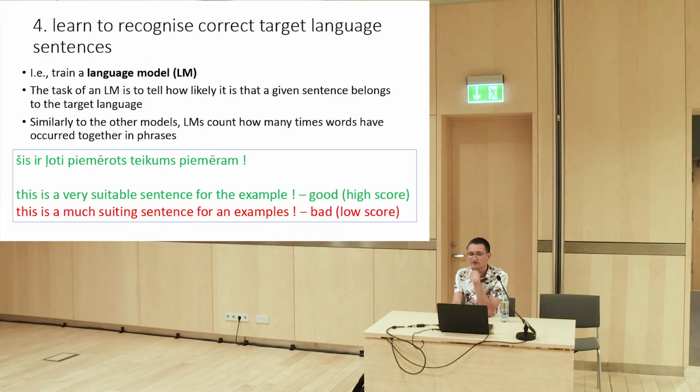So as a fourth step, we learn to recognize correct target language sentences. So we train a language model on the target side of the parallel corpus.